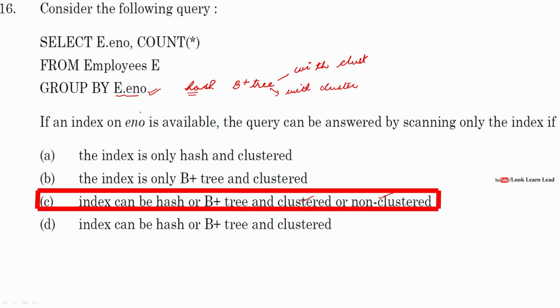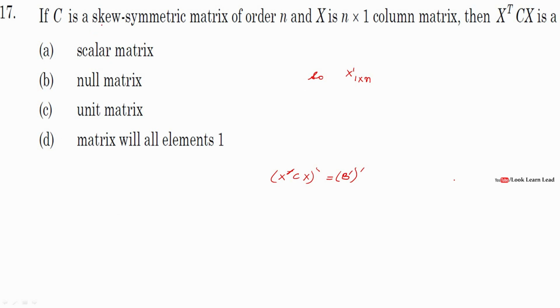Okay, next. We have C, a skew-symmetric matrix of order n. What is the property of a skew-symmetric matrix? If the matrix is skew-symmetric, the answer is null.